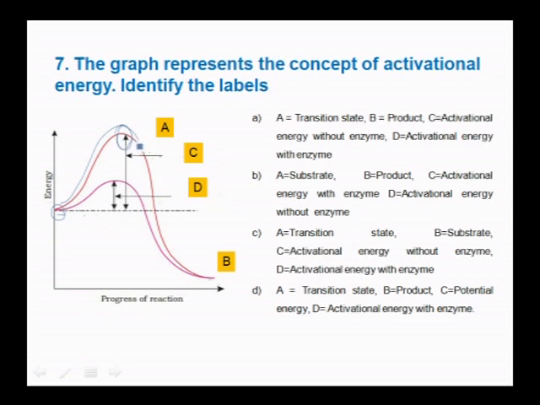And when at the end you consider the position, we have got B here. This indicates the product, and the arrow mark C is indicating the amount of activational energy that is required when a reaction is not associated with enzyme, and the arrow mark D is indicating the amount of energy required when the reaction is making use of an enzyme.